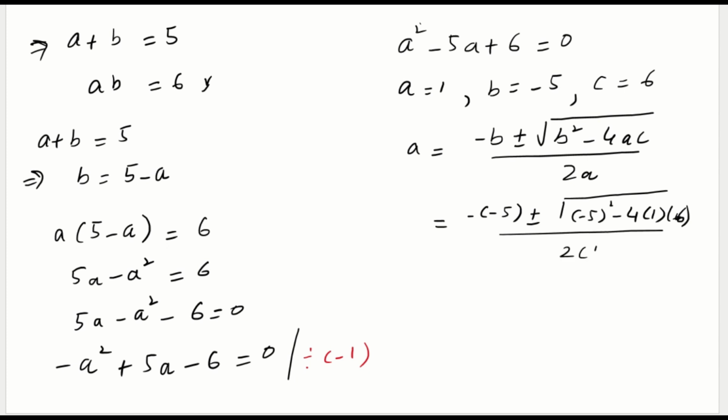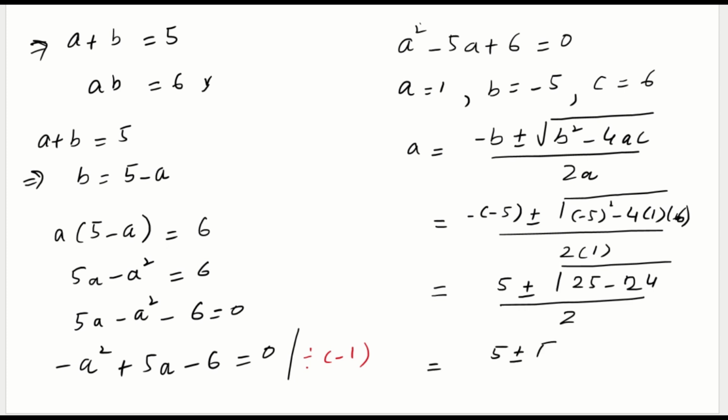over 2 into 1, is equal to 5 plus or minus square root of 25 minus 24, over 2. So we will get 5 plus or minus square root of 1 over 2, is equal to 5 plus or minus 1 over 2. So from here we will get two values of a, a1 and a2. a1 is equal to 5 plus 1 over 2, is equal to 6 over 2, is equal to 3.